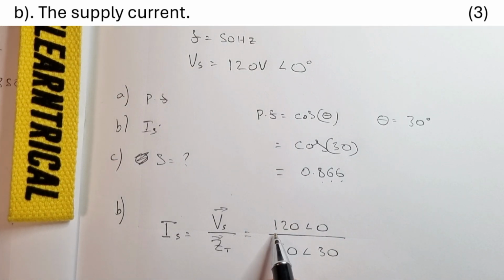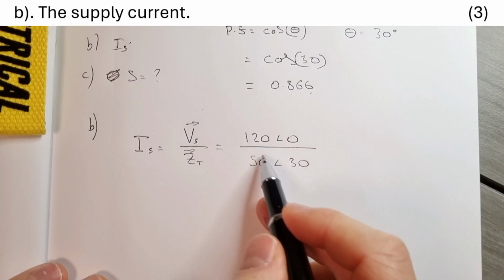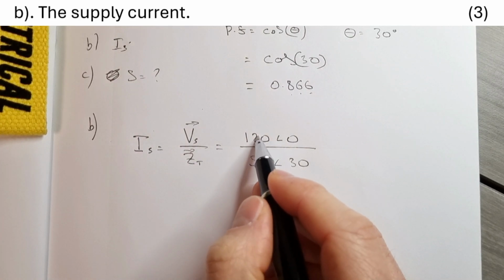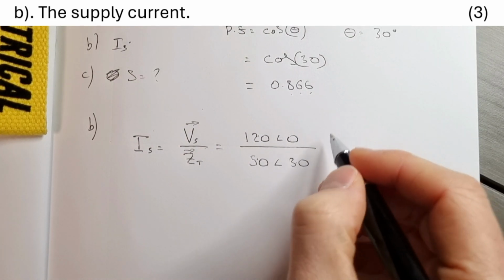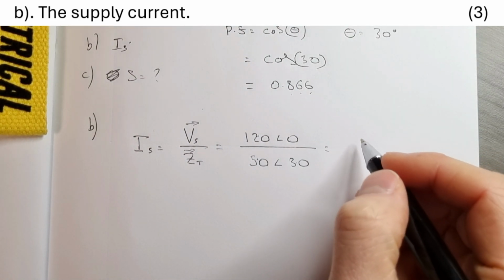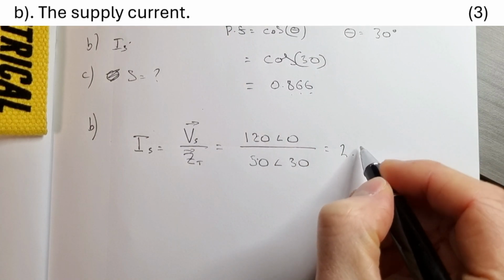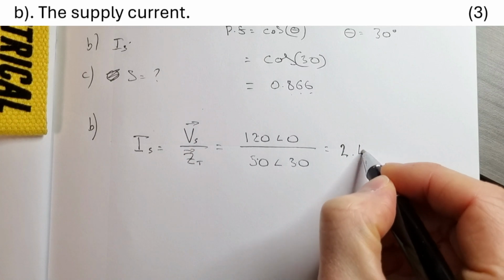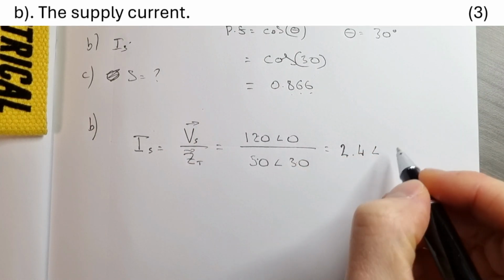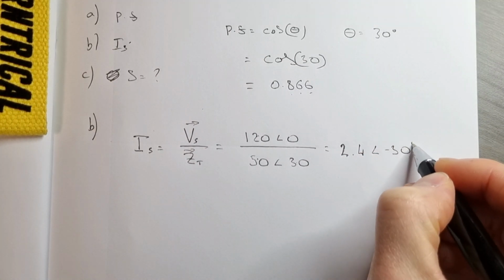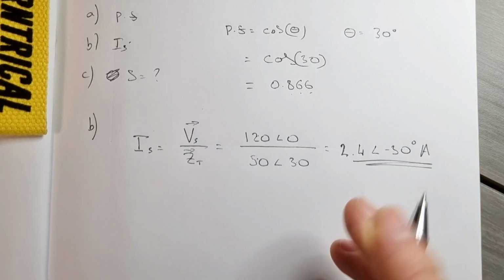Just a reminder, when we're doing complex division like this, we divide the magnitudes and we subtract the angles. So we have 120 divided by 50, which gives us 2.4 at an angle of 0 minus 30, which is minus 30 degrees amps.